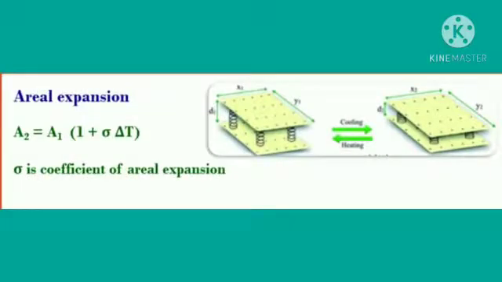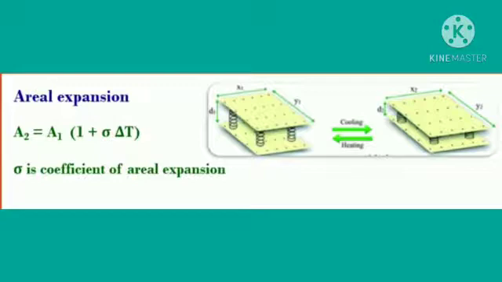Areal expansion of solids. Similar to linear expansion, the area of a sheet of a solid material also increases on heating. This is called the areal expansion of solids. This is given by the formula A2 is equal to A1 into (1 plus sigma delta T).